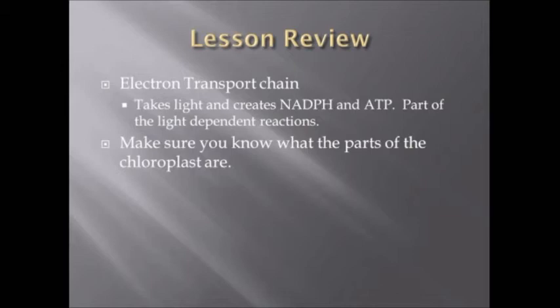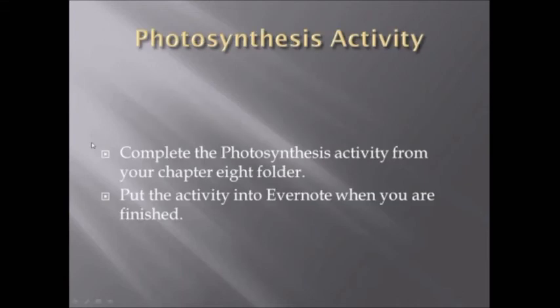That's the idea of using light and water to create NADPH and ATP. This is part of the light-dependent reactions. And the last part here, guys, is make sure you know what the parts of the chloroplast are. I believe if things work out the way they're supposed to, this will probably be part of your practical exam. So you will want to know what the various parts of a chloroplast are.